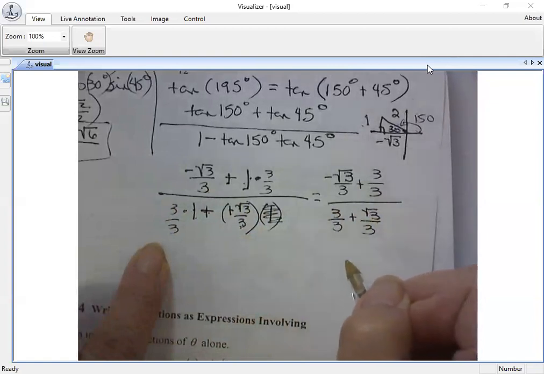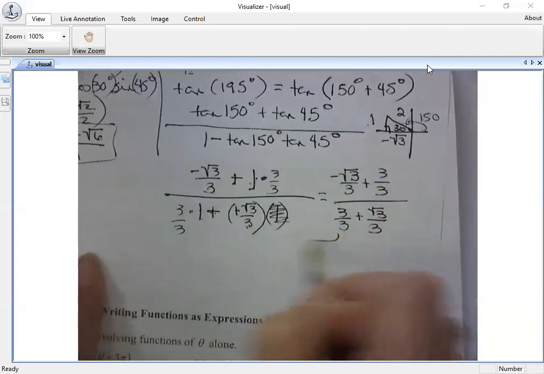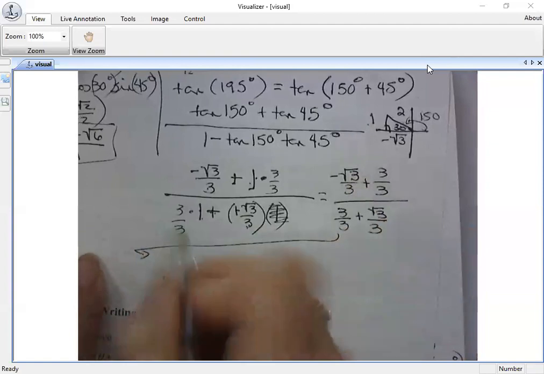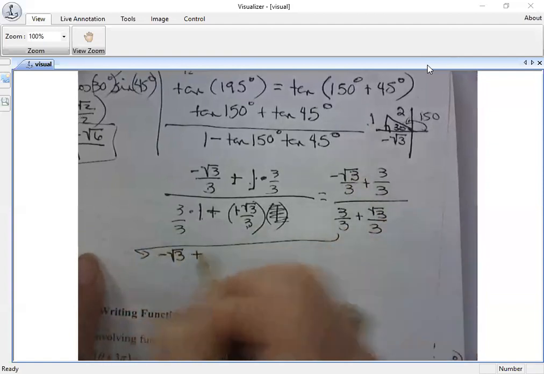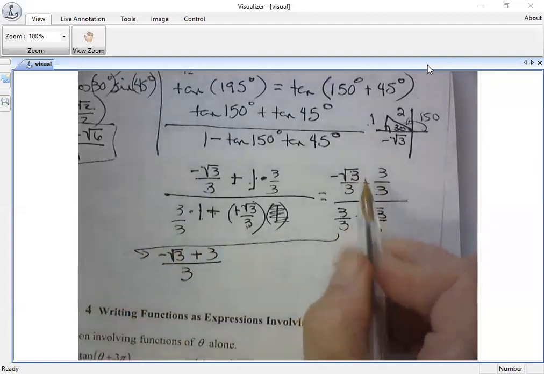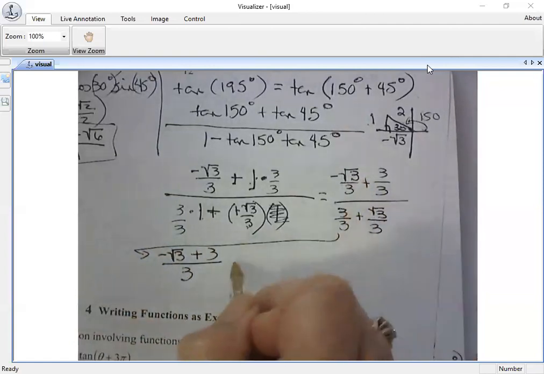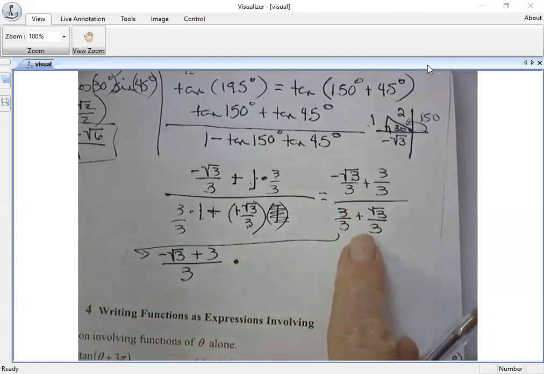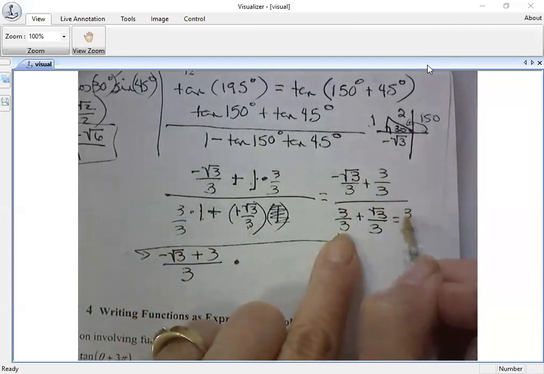Are we okay so far? Now, here's what I would do. Come down here. First of all, can I combine this into the negative square root of 3 plus 3 over 3? And we said anytime we have a fraction divided by a fraction, that's the same thing as multiplying by the reciprocal. If this were combined, it's going to look like this.